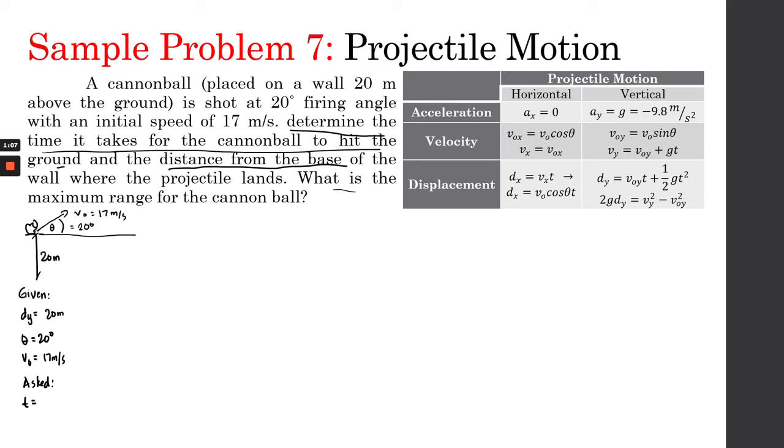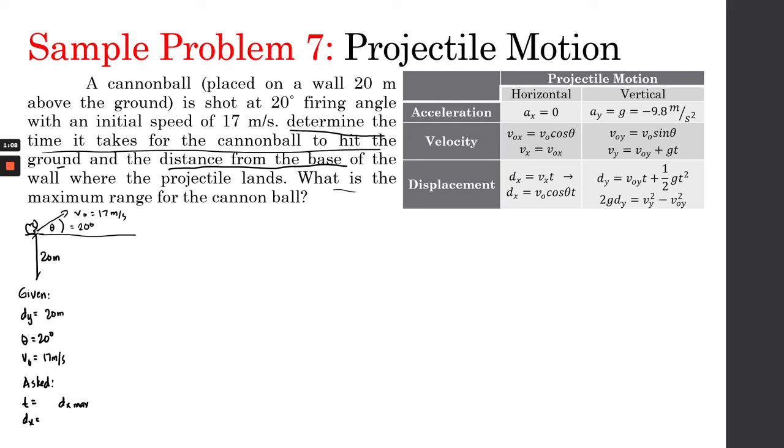The time it takes for the cannonball to hit the ground, so the time of landing. Basically the same as how long the cannonball was in the air, because when it reaches the ground, it's not in the air anymore. So that's the time of flight. Also they're asking for dx. And lastly, what is the maximum range? So also dx max.